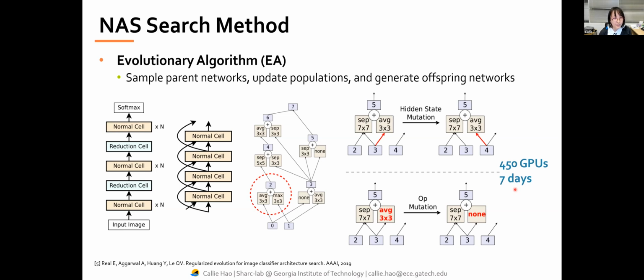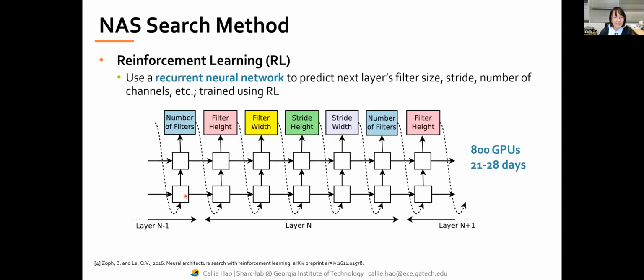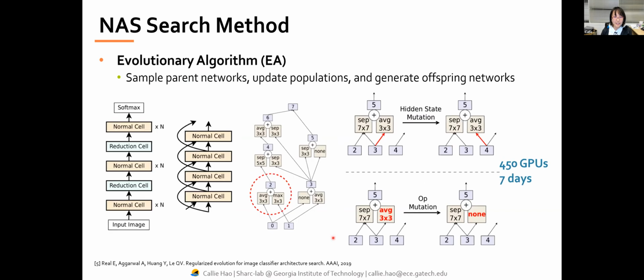So what else can we do? The next revolution in NAS is that people invented gradient-based search. This is to apply continuous relaxation to the discrete search space. If we look at this one and this one, these are all discrete search spaces.